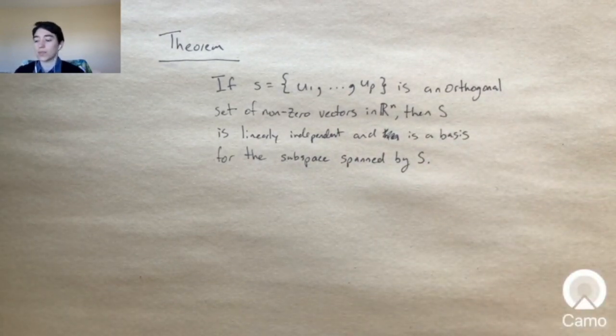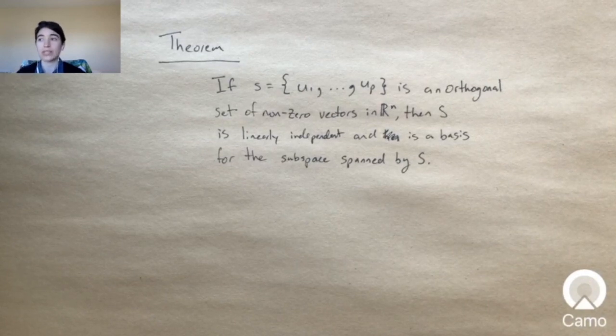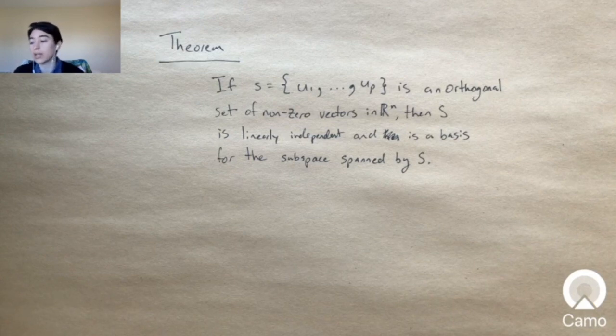So we know bases are independent. Bases don't have to be orthogonal, because you can have two vectors that describe a subspace that aren't perpendicular to each other. They can be, you know, at a 30-degree angle to each other or something, and they can describe some subspace.